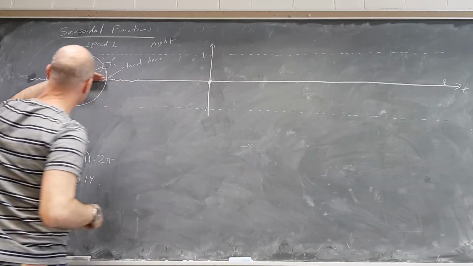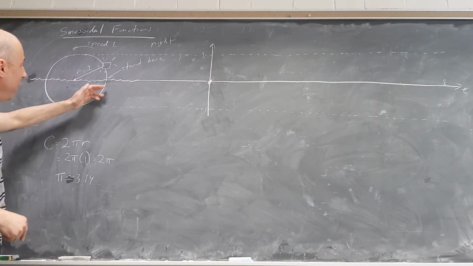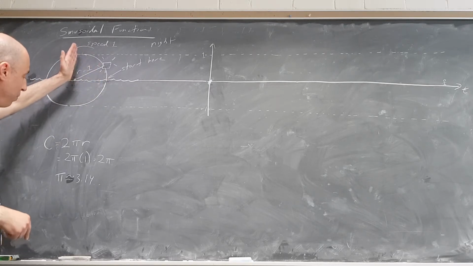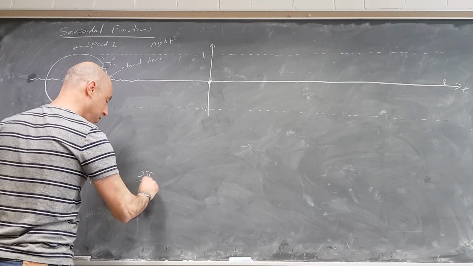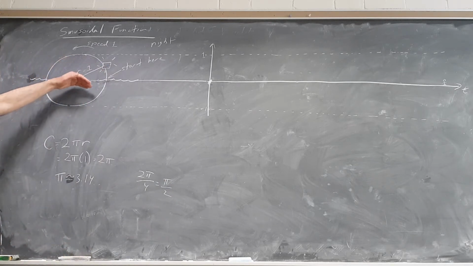This thing is rotating at 1 unit, so it takes 2 pi units to go all the way around, but to get up to the top, it only takes a quarter of that. A quarter of 2 pi, so 2 pi divided by 4 is pi over 2. So it takes pi over 2 units for it to get to the top.